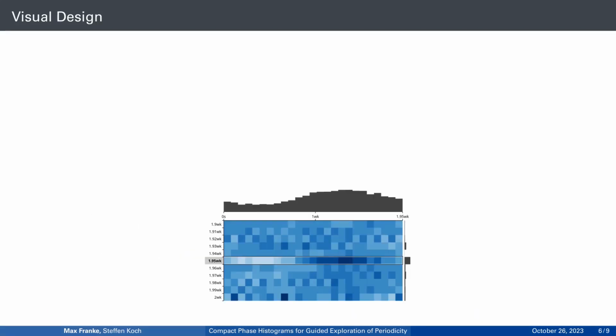Our visualization is centered around a widget. Here, each row of the pixel matrix visualization represents the phase histogram for one period length. The currently selected row is indicated, and users can scroll up and down to change the period length. The phase histogram for the current row is also visualized as a bar chart.